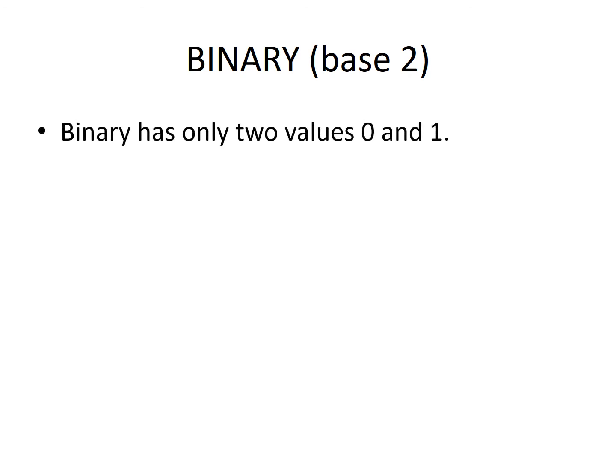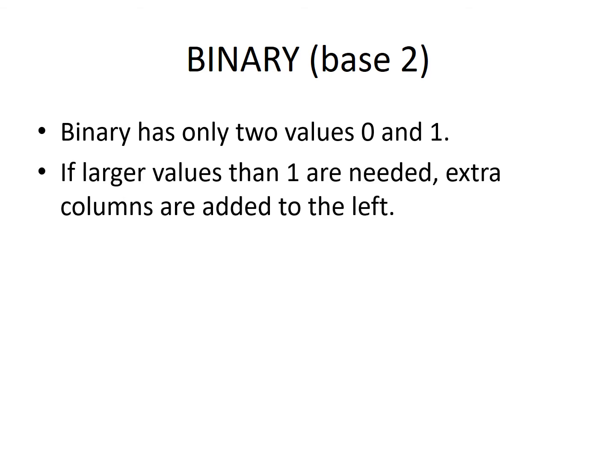The next one is binary, otherwise called the base 2 number system. It has only two values, 0 and 1. If larger values than 1 are needed, because only two numbers are there, 0 and 1, then what is the next number? We need to add one more column on the left side. In the decimal number system, after 9 we write 10.